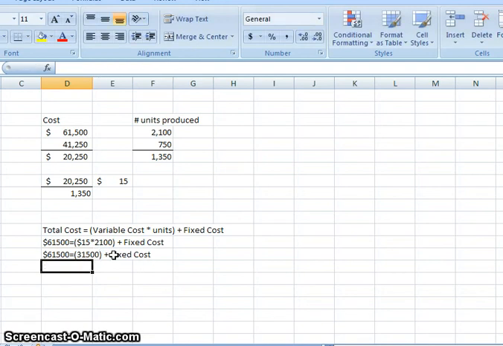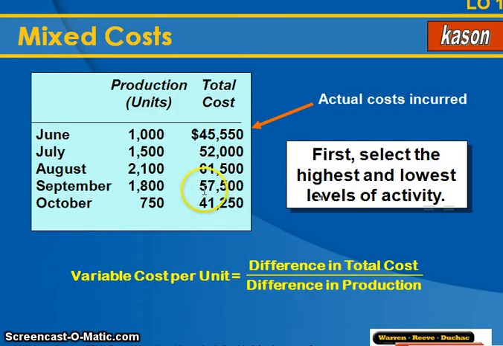If you subtract the 31,500 from both sides, what you're left with is $30,000 of fixed cost. So we've just successfully determined that you've got $30,000 worth of fixed cost and $15 worth of variable cost in this particular example. In this business, that is your approximate variable cost and approximate fixed cost using the high-low method.